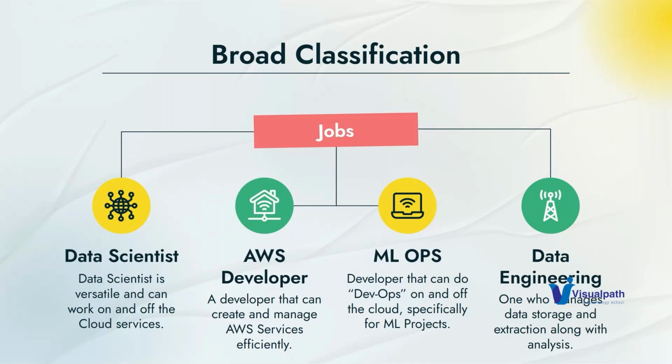So MLOps is mostly related to machine learning operations related to DevOps, and they basically create all the infrastructure, help you out in setting up the things, making sure that the ML projects you are working on have enough resources so that they run. So that is the work of MLOps.